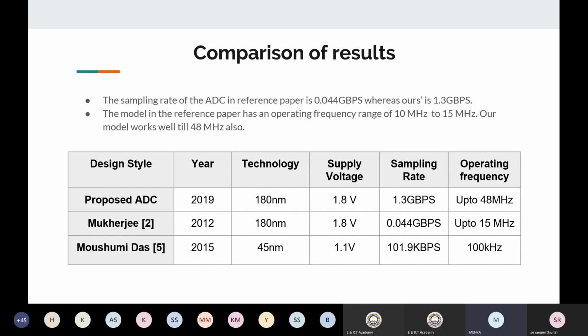Even lower than that it is not going to give good output, so we have just neglected that. And then for the previously reported data, Mukherjee has done up to 15 megahertz, while Ms. Das has done up to 100 kilohertz. These were the operating frequencies for those.